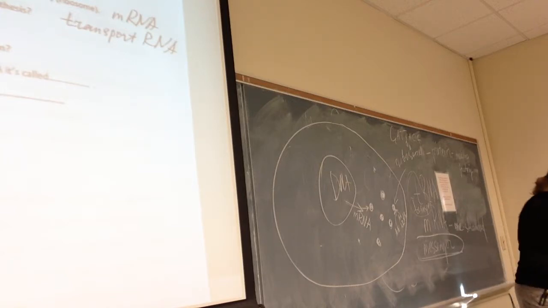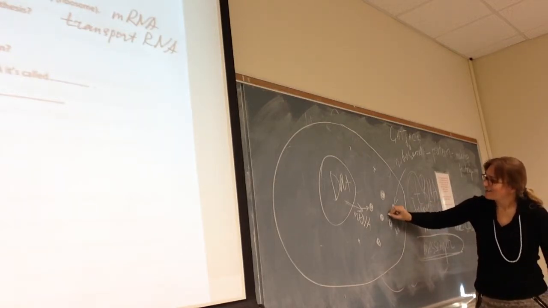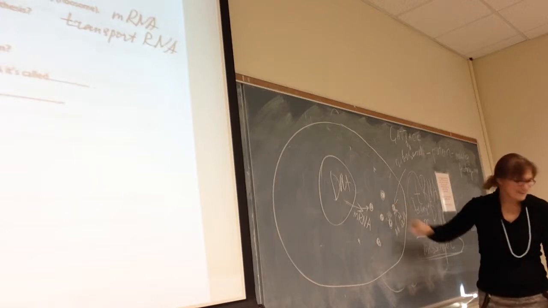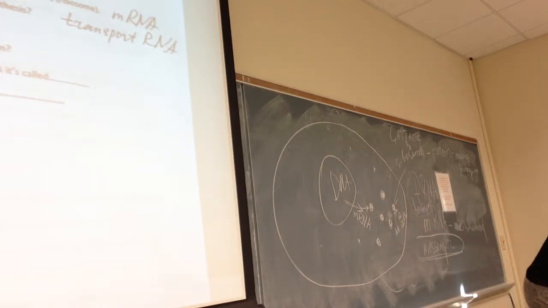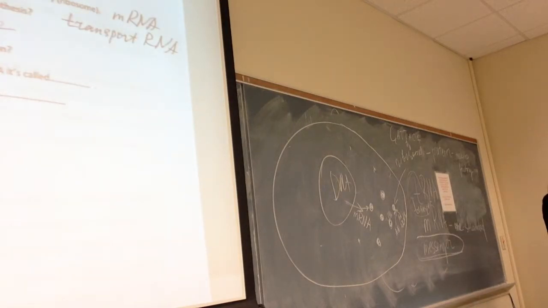which is called rRNA, and rRNA is just a ribosome, because the third kind of RNA actually makes the protein-making factory, the ribosome.